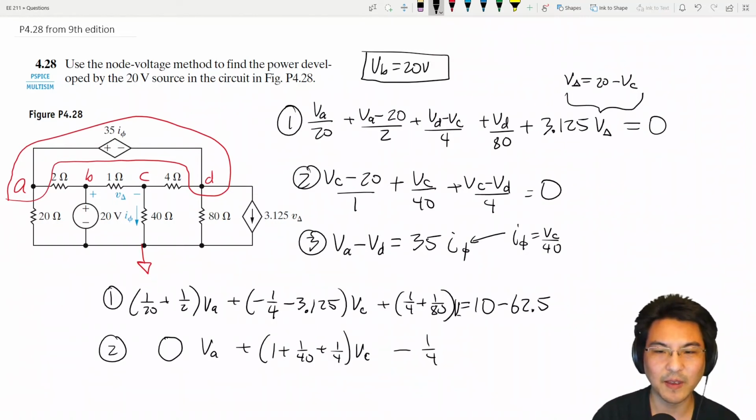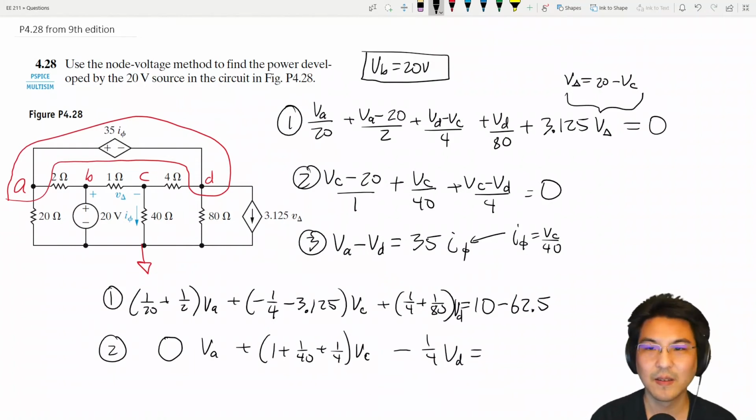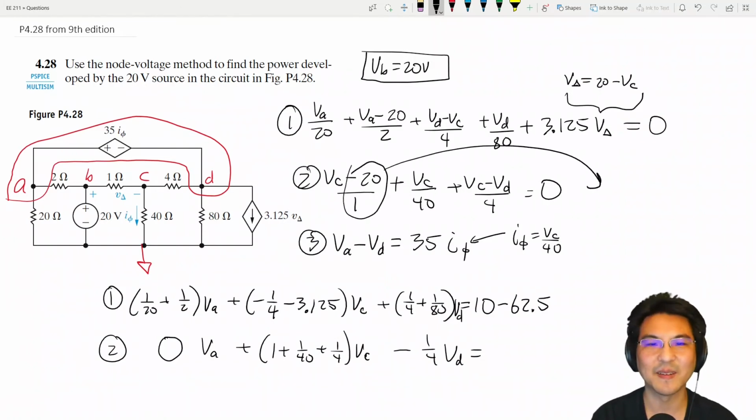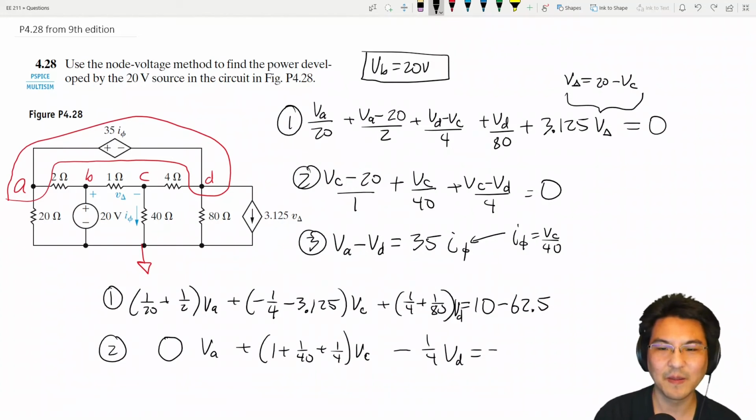Oh, I forgot to write VD over here. Okay, and then constants, right here, minus 20, and if I move it on that side, it becomes positive 20.